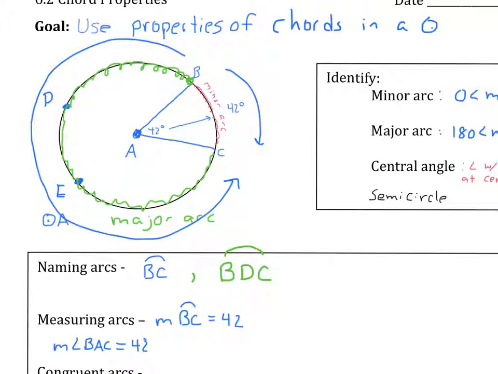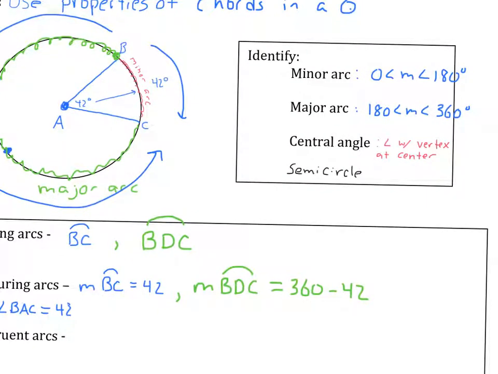And the way that we label it as a measure, same thing. The measure of arc BDC is going to equal what? Well, in this case, it's going to be the whole thing minus the 42, which will give me 318 degrees.